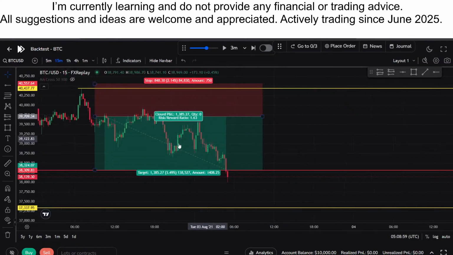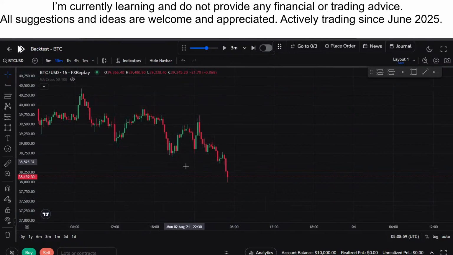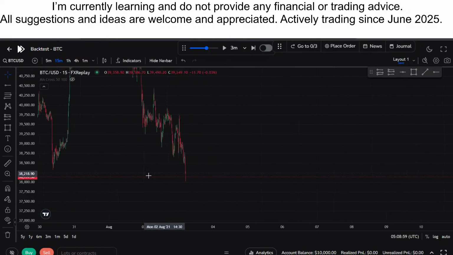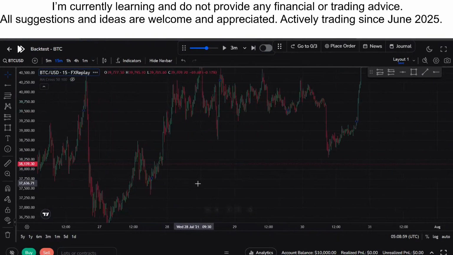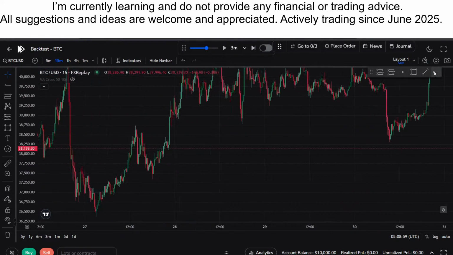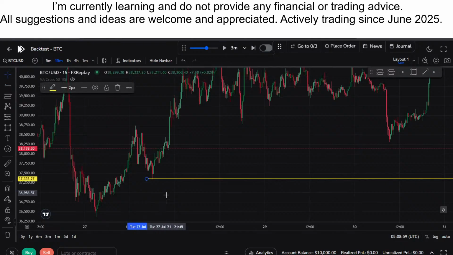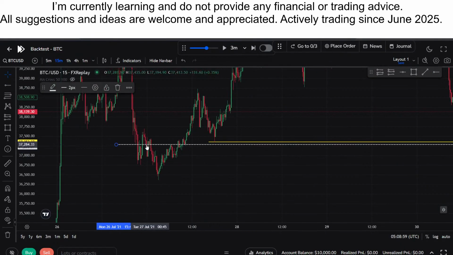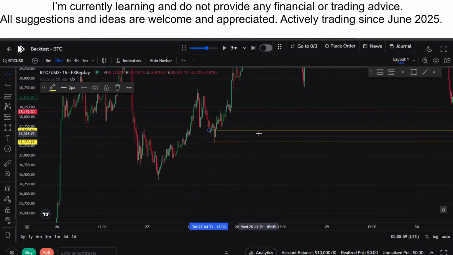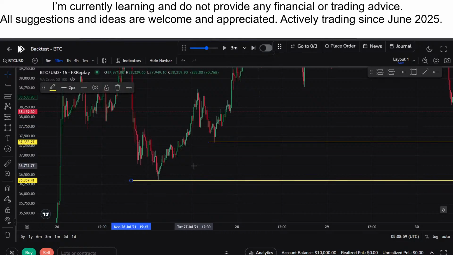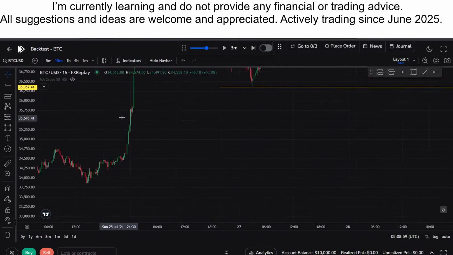So here I got the trade, and I'll just delete everything and again analyze where the trade is trying to reach. The trade is trying to reach this level, and we have a huge fair value gap here.